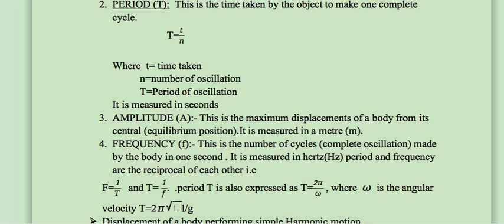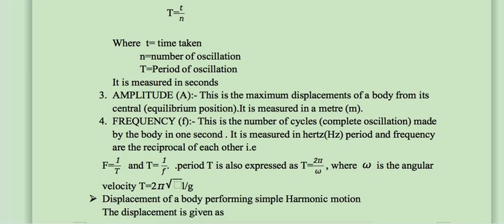The amplitude of a simple harmonic motion simply means the maximum displacement that the body attains during oscillation. It is always measured from the equilibrium position, and the unit is meter.